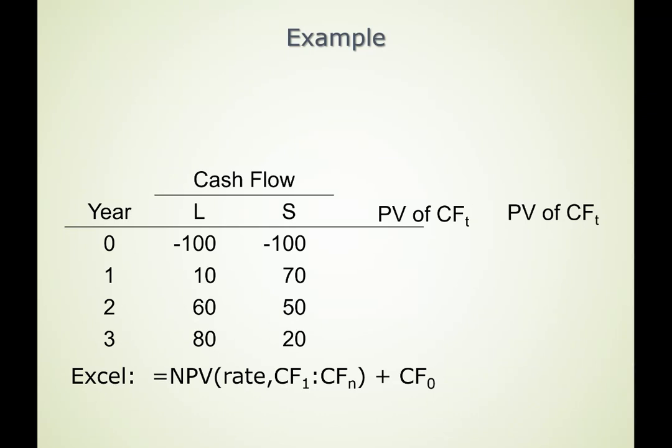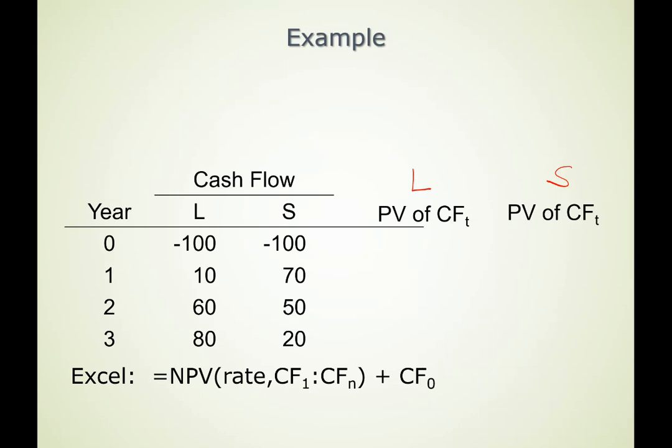All those methods are still available to you in determining the net present value, because remember, what we're doing here is just determining the present value of the cash flows, and then we sum them together. So I'm going to use this to be the present value for L, and this will be the present value of the cash flows for S.